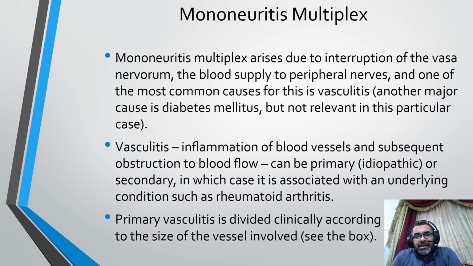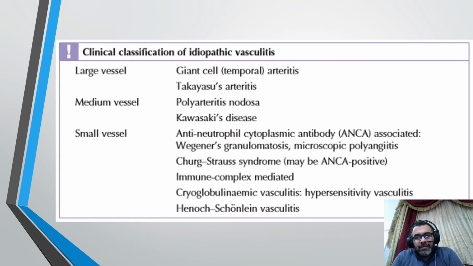Primary vasculitis is divided clinically according to the vessels involved. As we all know, vasculitis can be divided into large vessel, medium vessel, or small vessel vasculitis according to the most commonly involved vessel or vessel types.